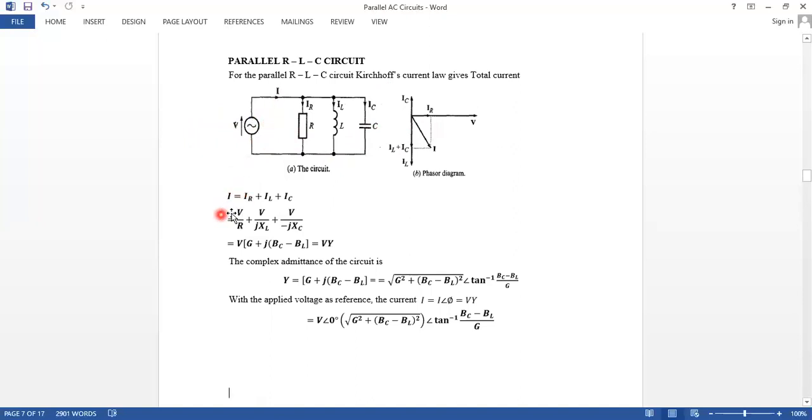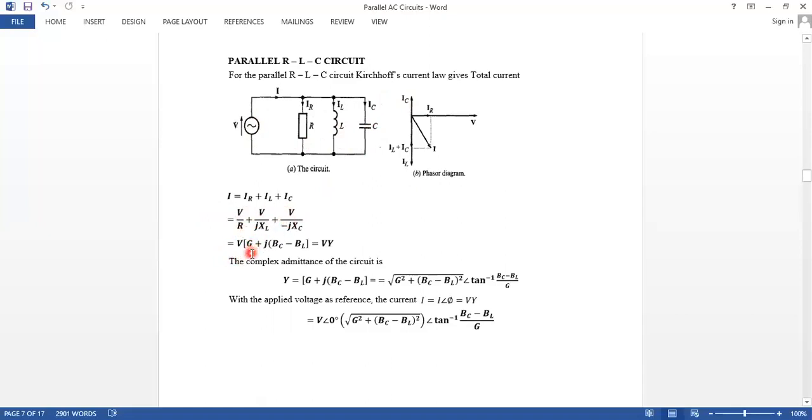It is the sum of the currents IR, IL and IC. Substituting each of them, I is nothing but V by R, IL is V divided by J into XL, then IC is nothing but V divided by minus J XC. So we get here I is equal to, take V as common.